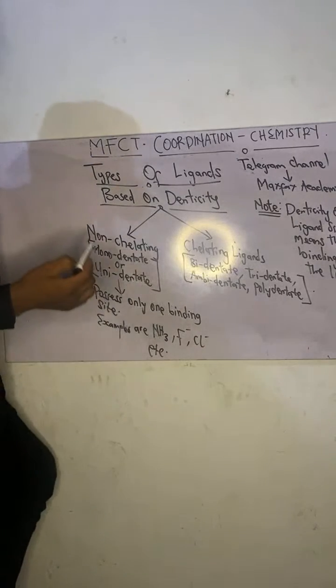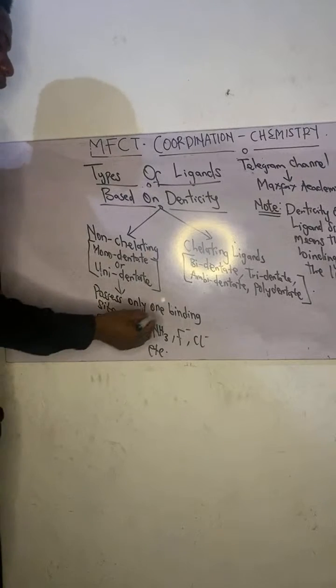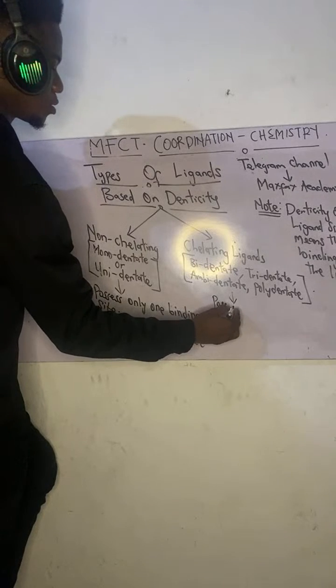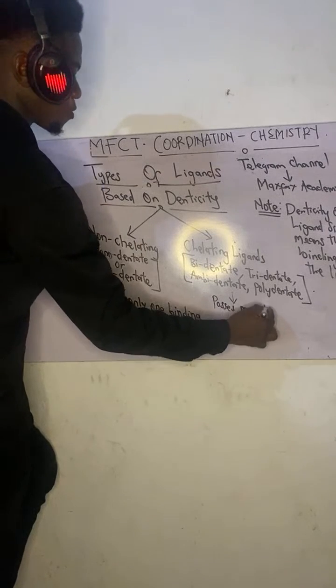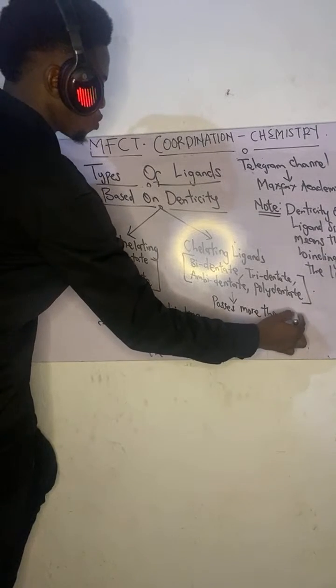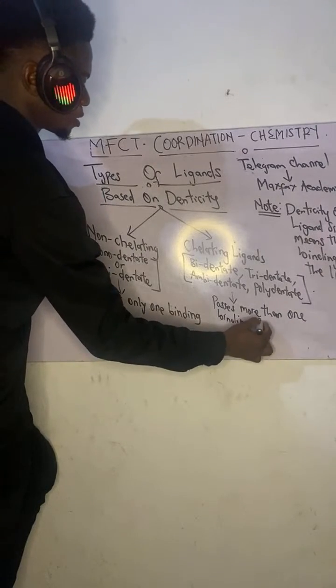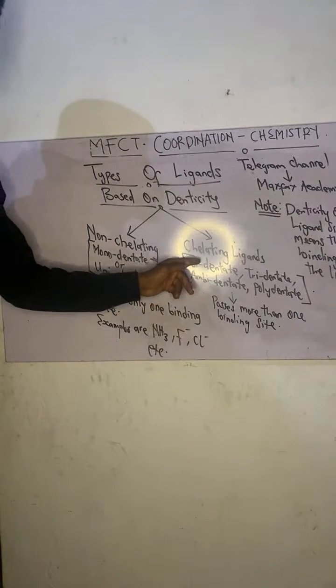If you are talking about the chelating ligands, these are the ligands that possess more than one binding site.